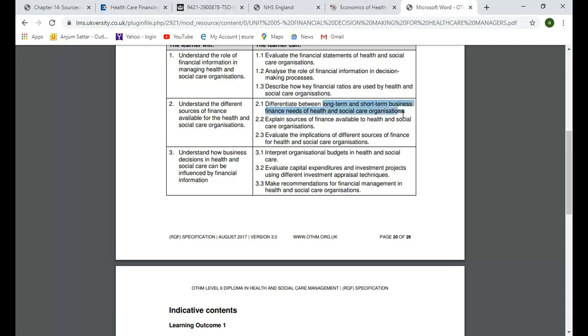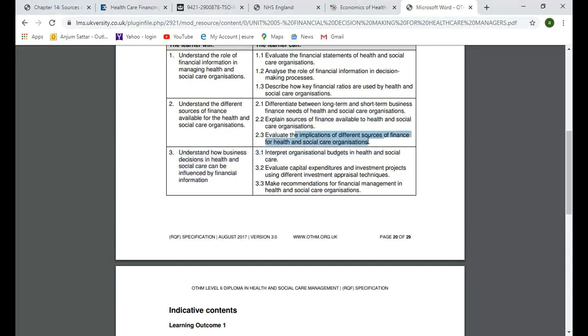Today's lesson has key command verbs. First, differentiate between long term and short term. Long term means at least more than a year, and short term means less than a year, whatever money the organization requires to run effectively in health and social care. These are the sources of finance we will go through in detail in our slides.